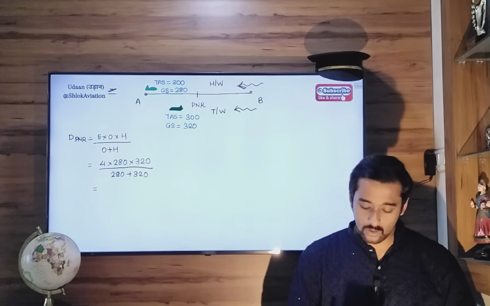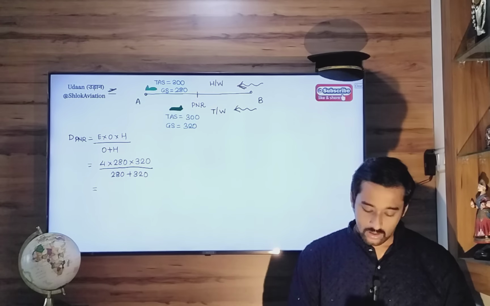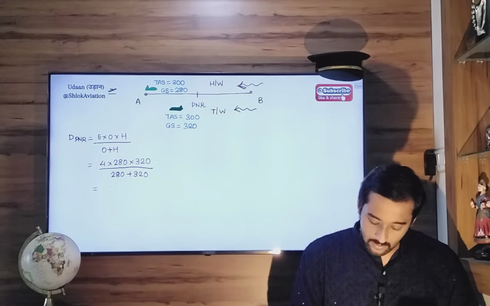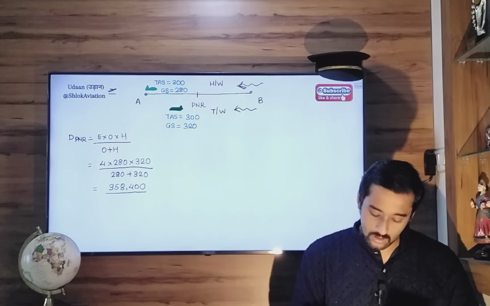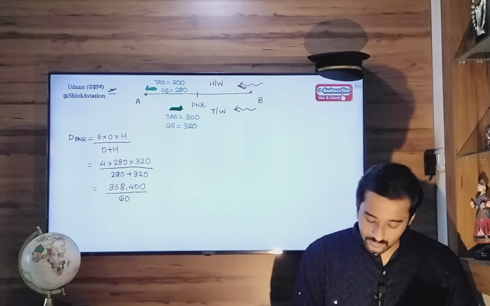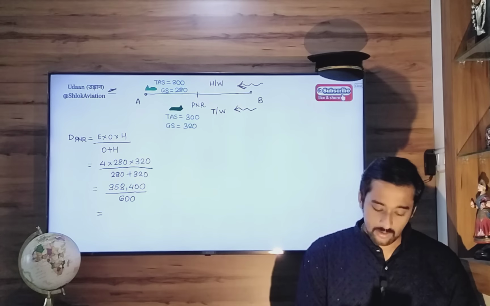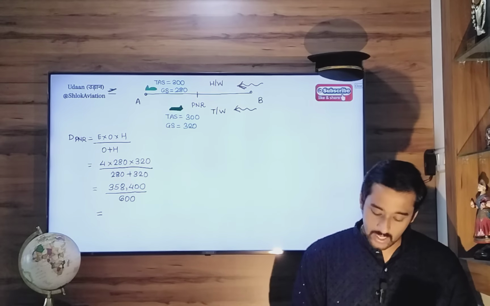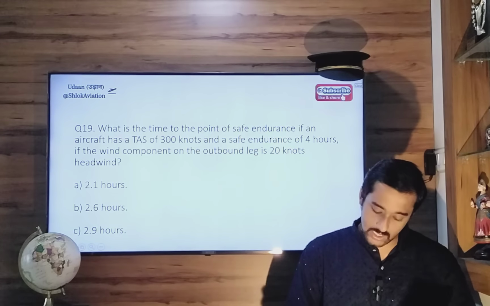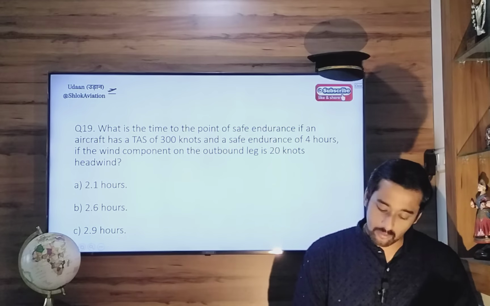So 4 into 280 into 320 is 358,400. 280 plus 320 is 600. 358,400 divided by 600 is 597 nautical miles. So distance to PNR is 597 nautical miles.